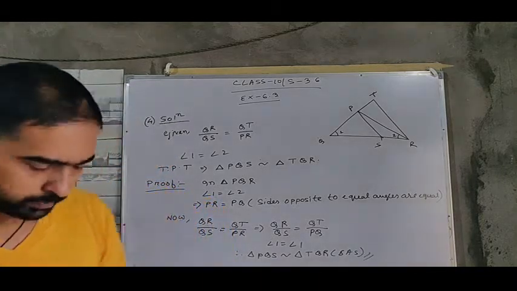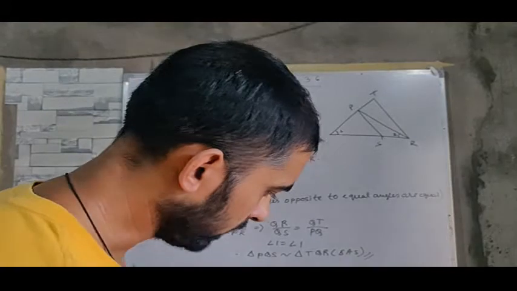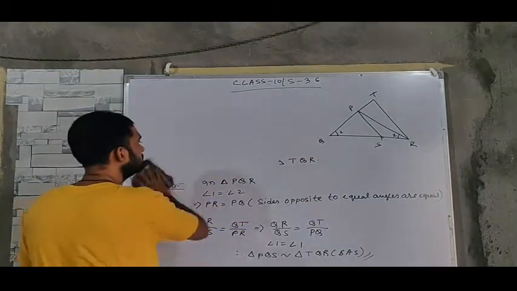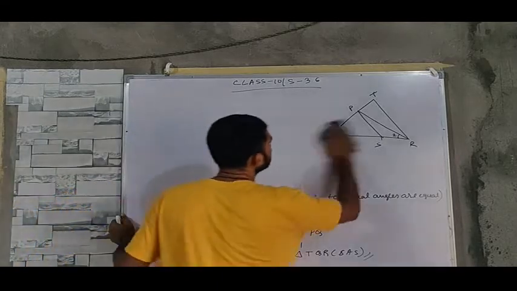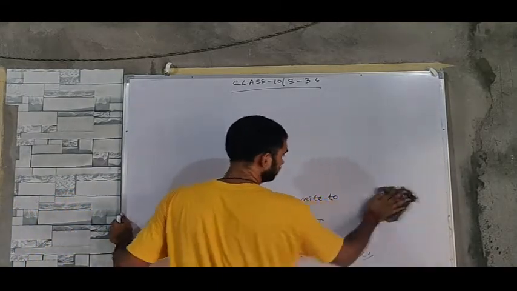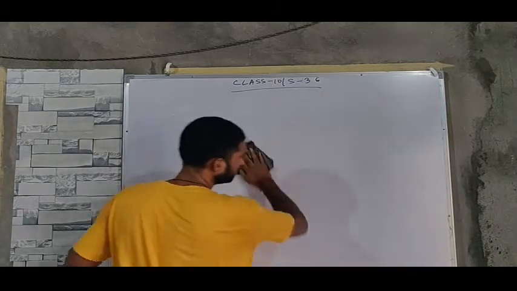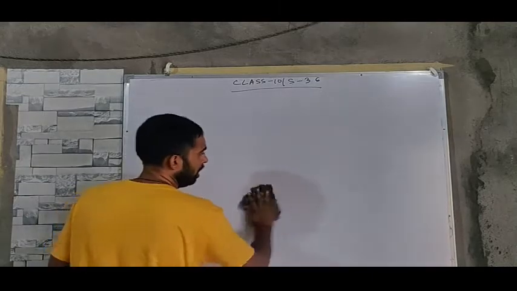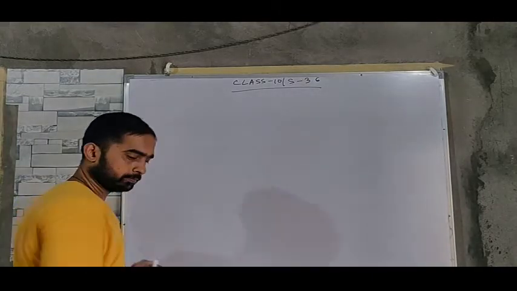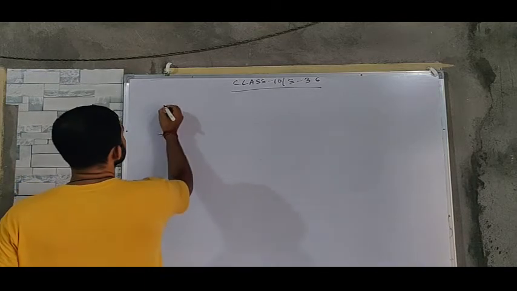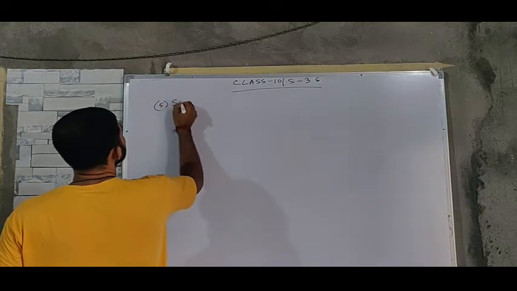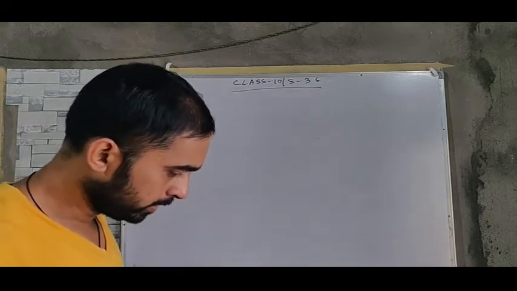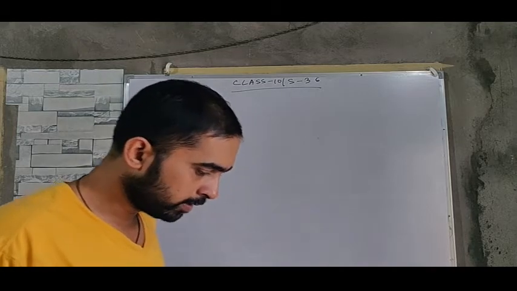Done. Now we'll do question number 5. Question number 5. S and T are points on the sides PR and QR of triangle PQR.